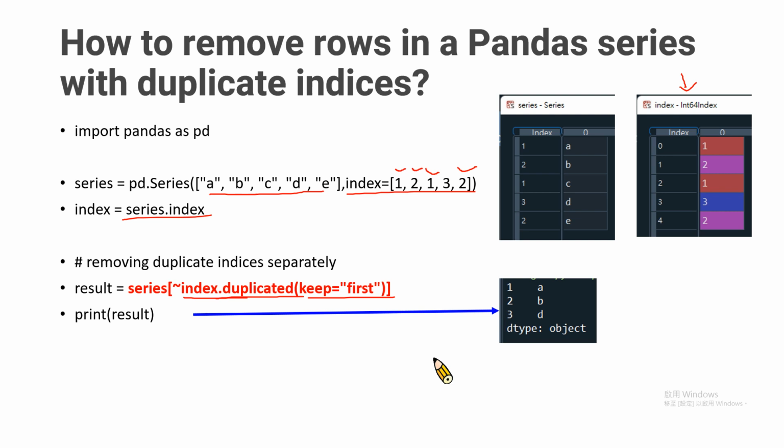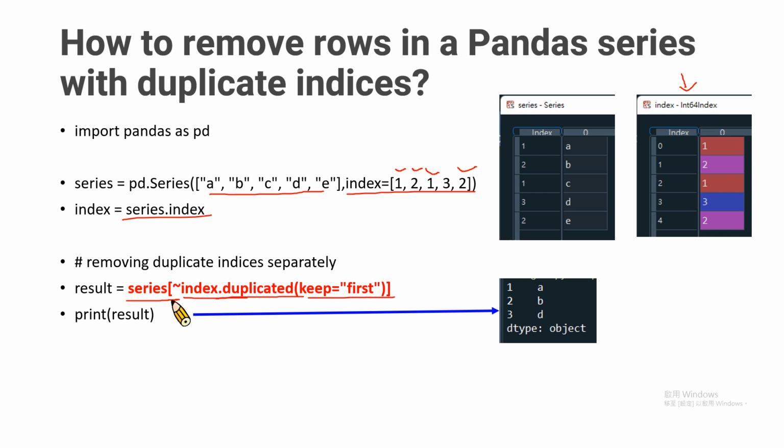Also the non-duplicate index will be marked false. Then we use the not operation. So the non-duplicate index and value will be marked true, and the first duplicate index will be true, and all other duplicate indexes will be set to false.